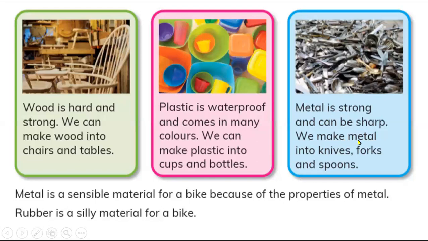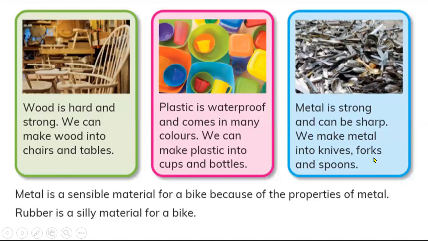We make metal into knives. Knives mean we use them to cut vegetables and fruits, okay? And we use forks to eat macaronis, okay? We can eat spaghettis with a fork.